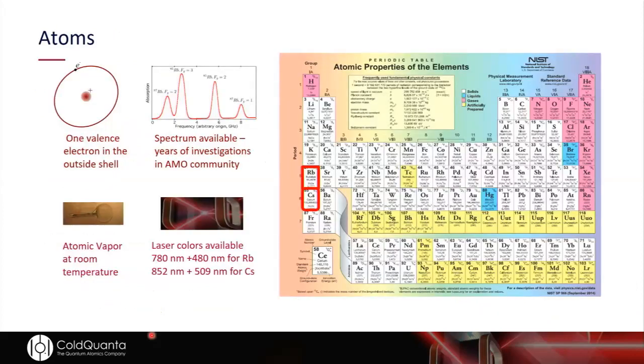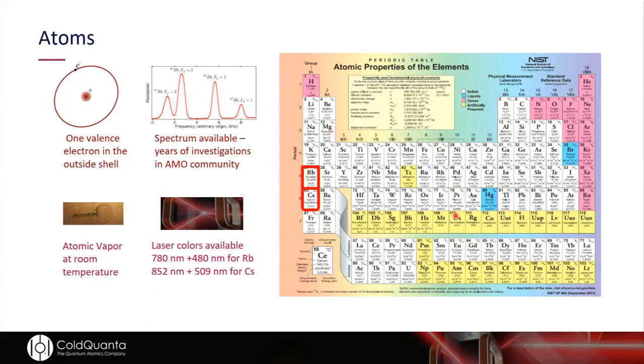We use alkali atoms to perform the microwave electric field measurement, like rubidium or cesium in this column. In this column, there's only one electron in the outer shell. The electron is called a valence electron. This feature will make the experiment easier than atoms in other columns.